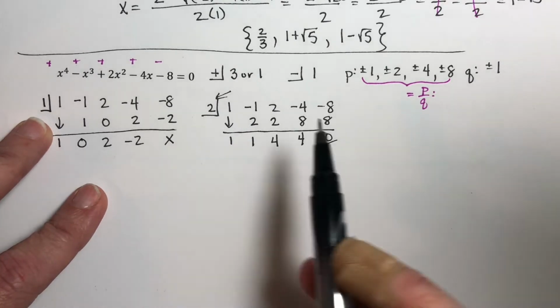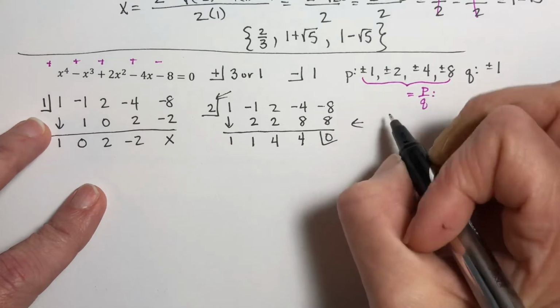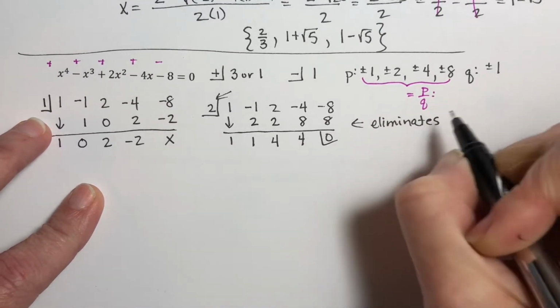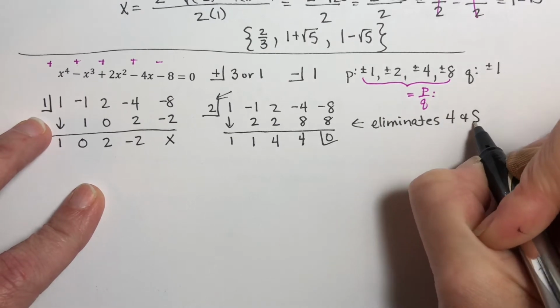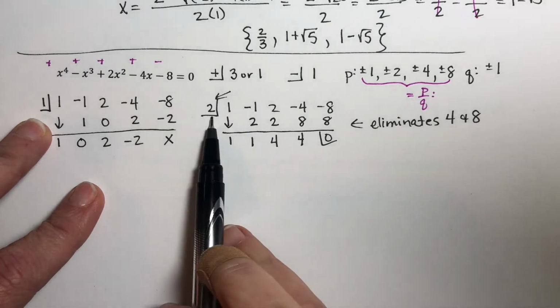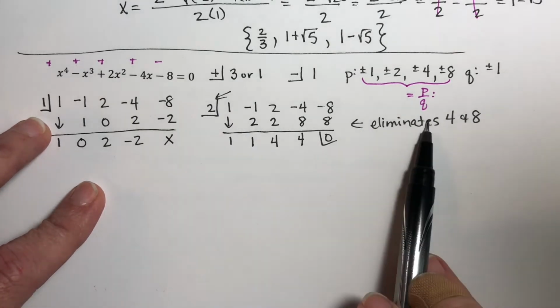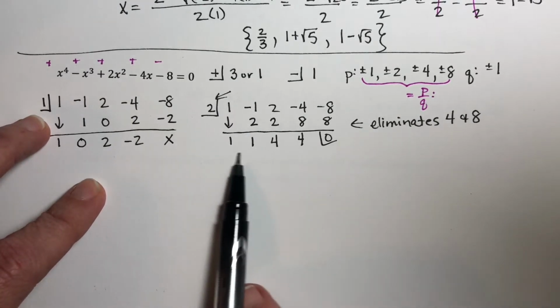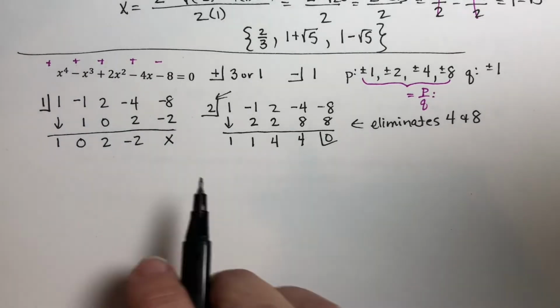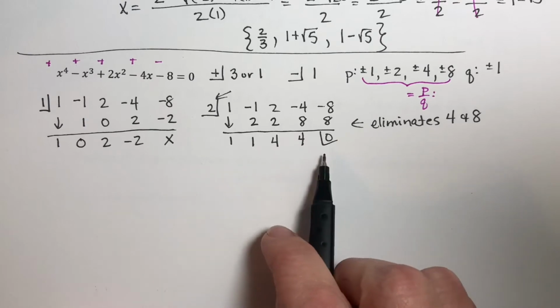Okay? So this also eliminates 4 and 8. So what I have now is a new equation to solve. I have one of my solutions, and now this makes it easier.